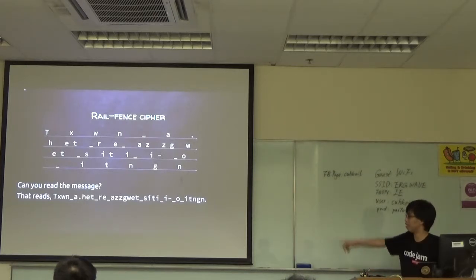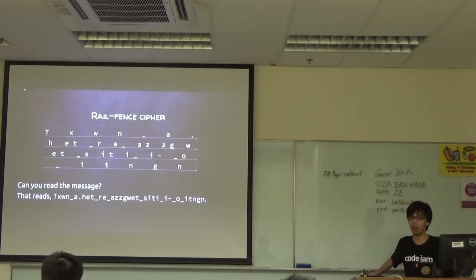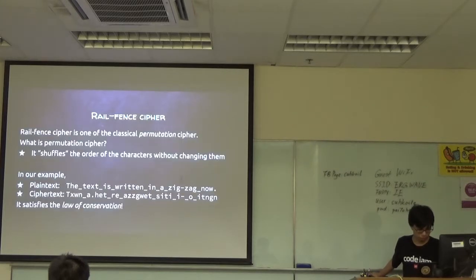And this indeed is the ciphertext. What we have heard, the text written in a zigzag way, was actually the message, and this line is what the ciphertext is. We are just permuting the characters alone, and it really satisfies a physics law, the law of conservation.